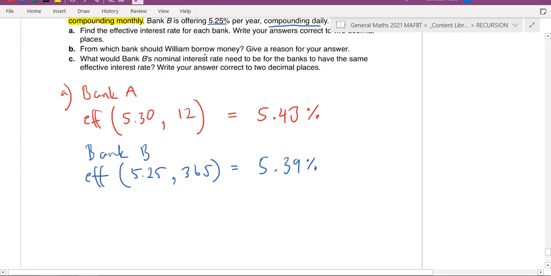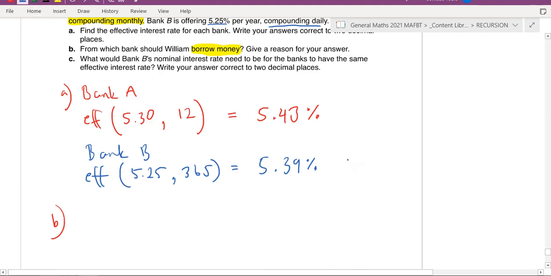So, for question B, we're asked which bank should we suggest William to go to, which he should borrow money from. If you're borrowing money, right, keyword there, borrowing money, which one would actually give you the better deal? Okay, if you want to borrow money, which means you're going to have to pay it back.